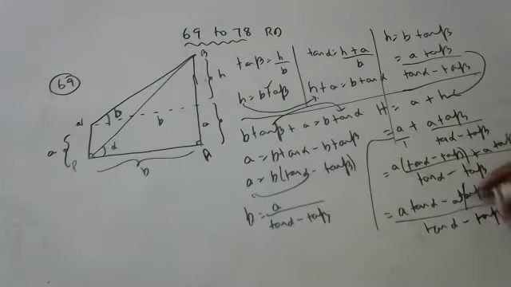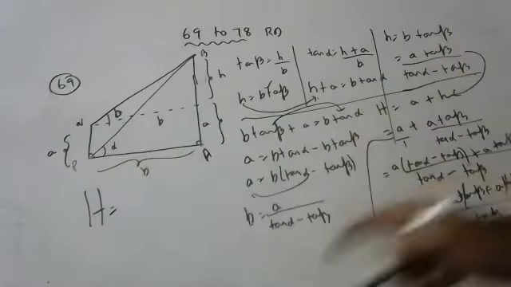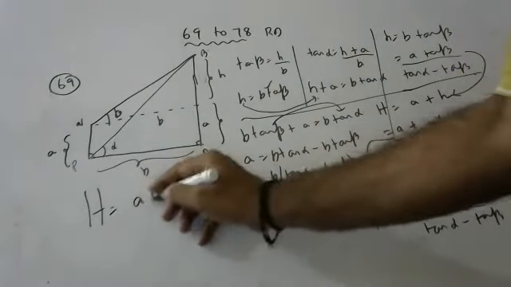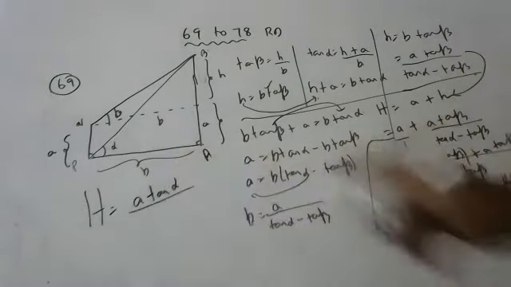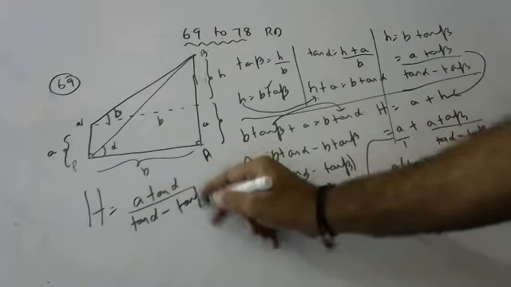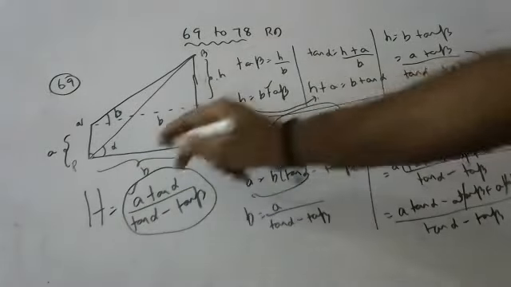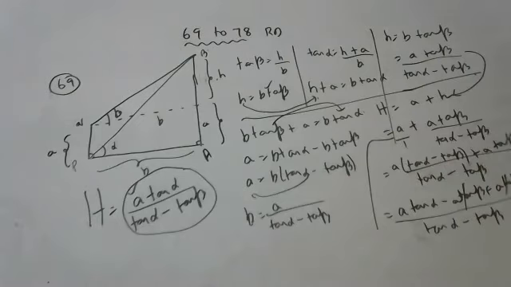This is gone. So the total height of the tower is A tan alpha by tan alpha minus tan beta. In the final answer, only A, alpha and beta are there. Whatever we took, H and B, should not be there. It should not reflect in the final answer.